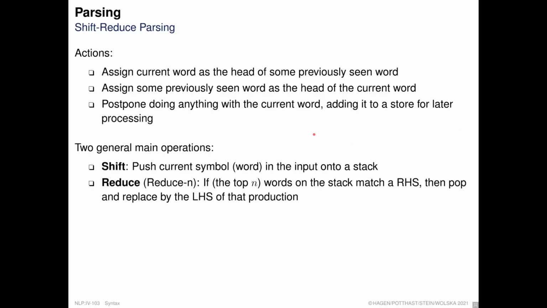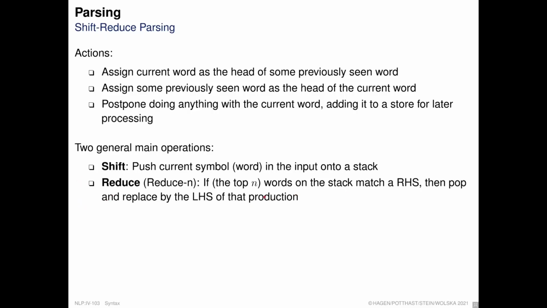Specifically, there are two main types of operations, because with this specific approach there will be more specialized operations. We will be shifting, so pushing the current symbol in the input onto the stack, and we will be reducing. This is terminology from stack, but reduce is an abstract terminology related to what actually happens with the tree.